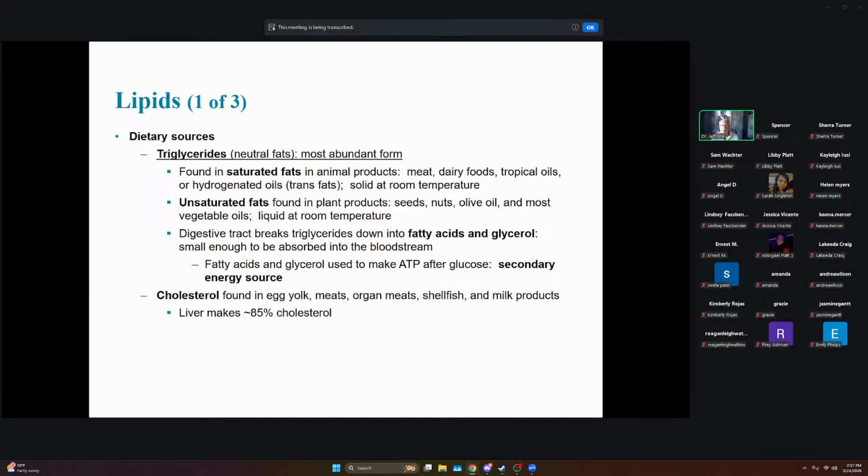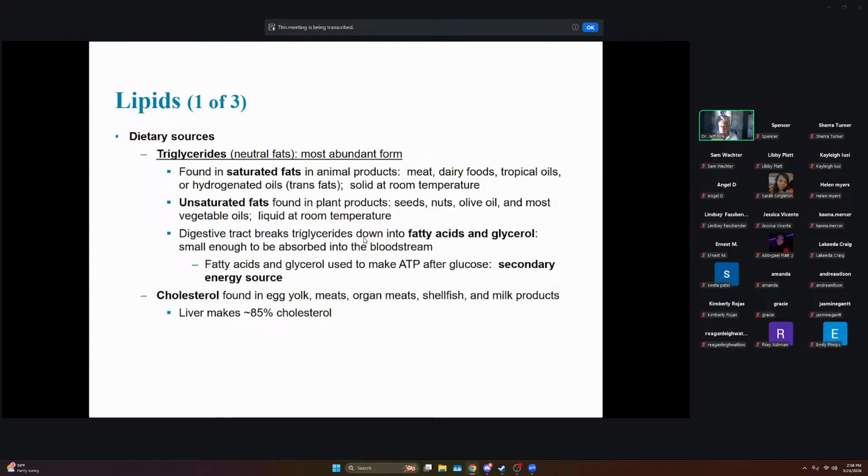Okay. So that's the big rap on saturated fats, the big negative aspect of it. All right. Now we know that when we mechanically or physically digest our food and then chemically digest it, we're going to break these fats, our triglycerides, our lipids, down into their monomers.